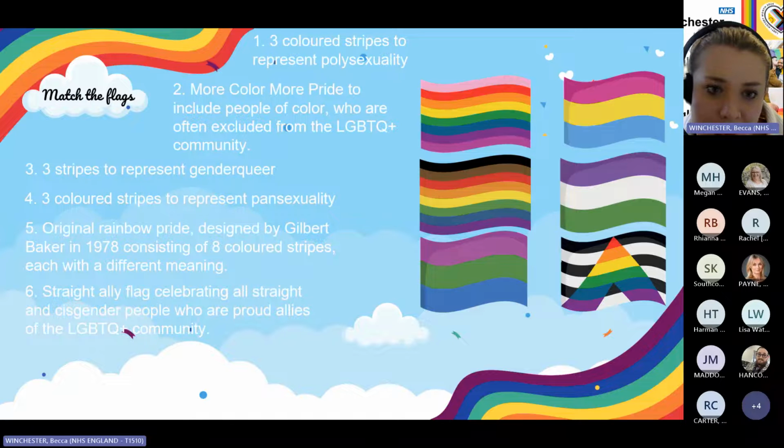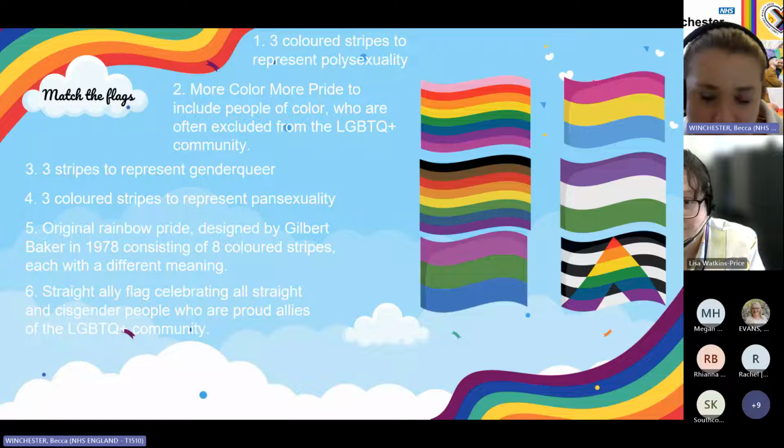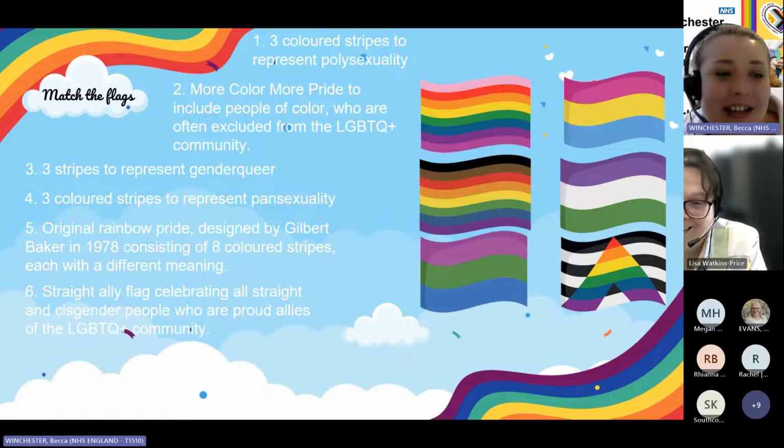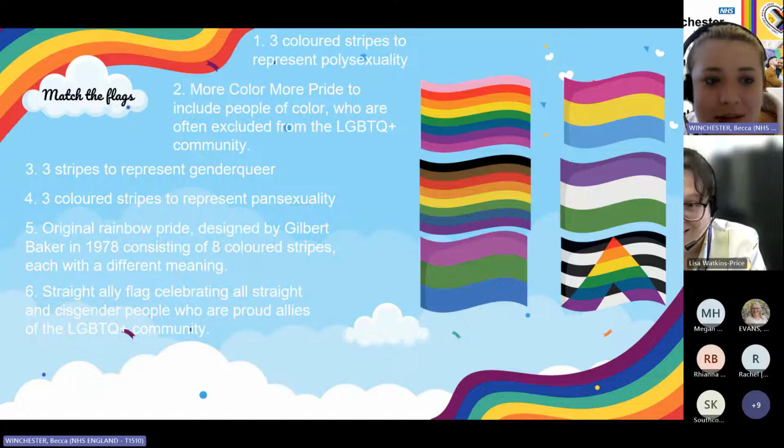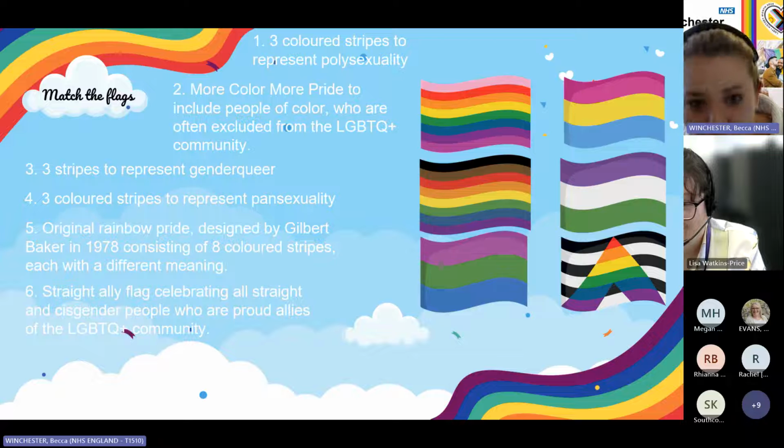Statement 2 is flag 3, so this one here, to match more colour, more pride. Flag 3 goes with statement 2, as I just said. Sorry, I'm losing the will to live right now. So statement 3, 3 stripes represent genderqueer, and that is flag 4, this one.